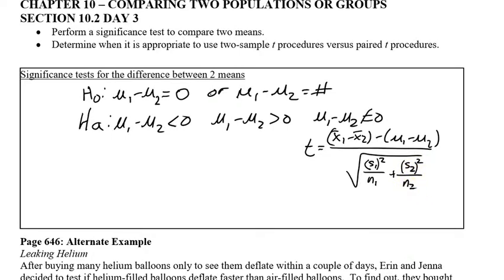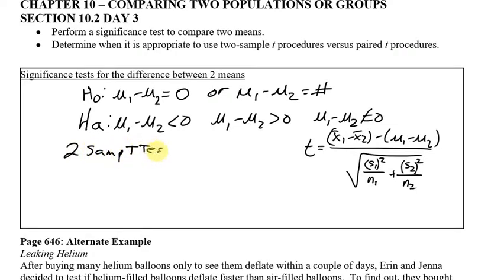Of course, there are lots of chances to make little mistakes here. If we're going to do a significance test for this, we would probably just do it with our two-sample t-test.